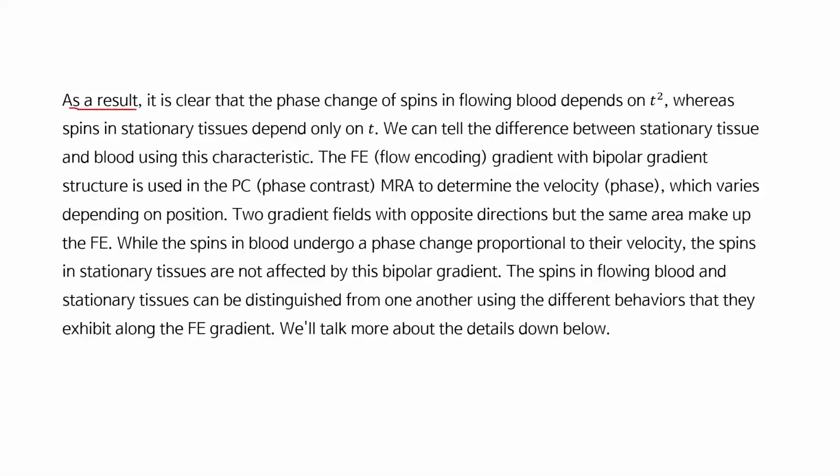As a result, it is clear that the phase change of the spins in flowing blood depends on t square, whereas for spins in stationary tissue it depends only on t. There's a difference. We can tell the difference between stationary tissue and blood using this characteristic.